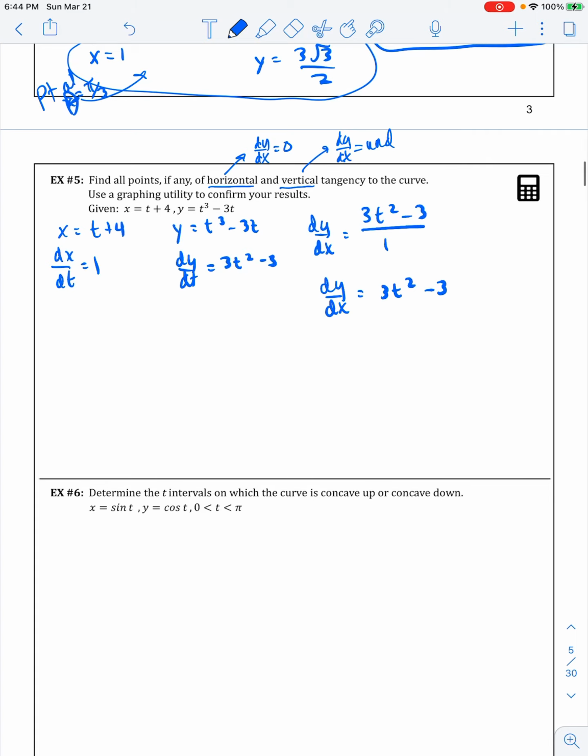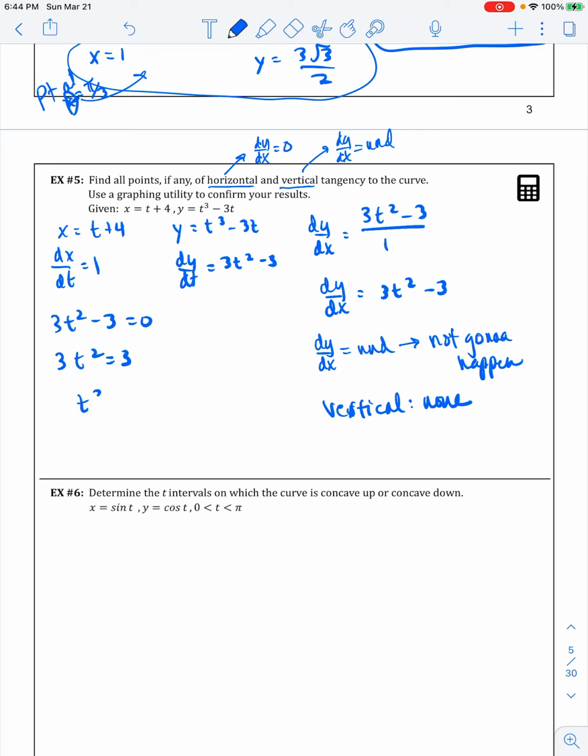I can see I don't have a denominator here, so there's no way for dy/dx to be undefined, because there is no denominator. So for vertical tangency, we're going to have none. But for horizontal tangency, we set 3t squared minus 3 equal to 0.